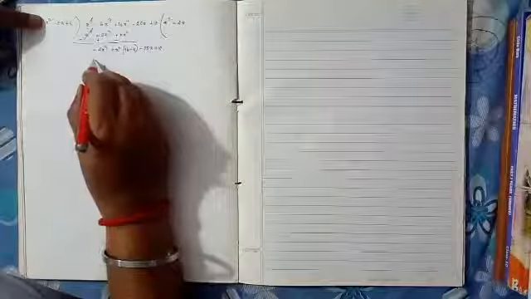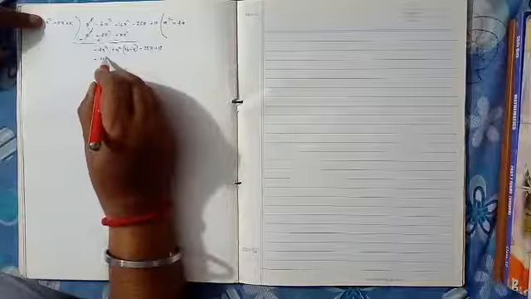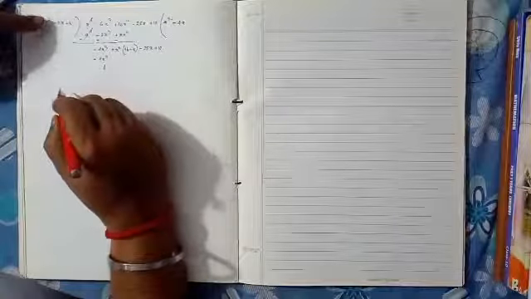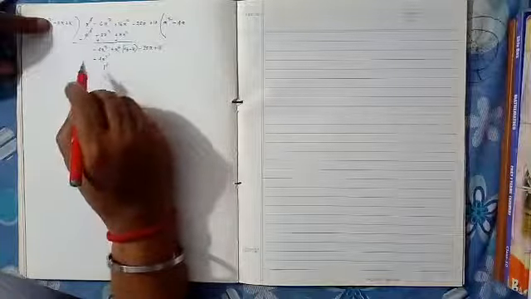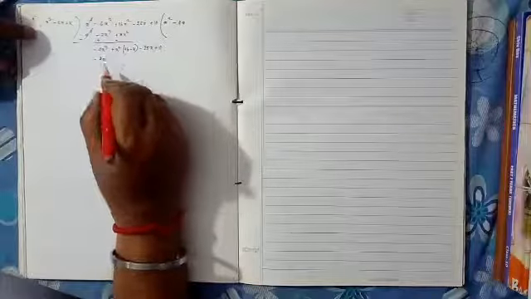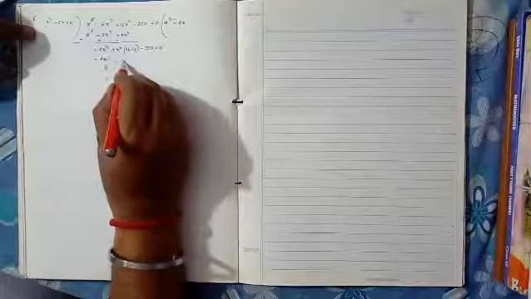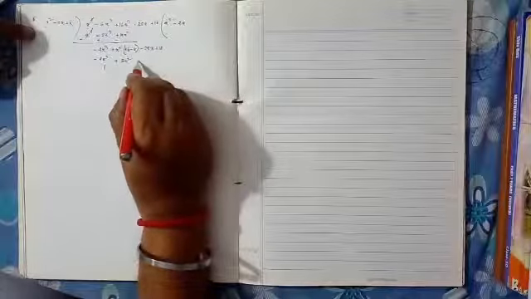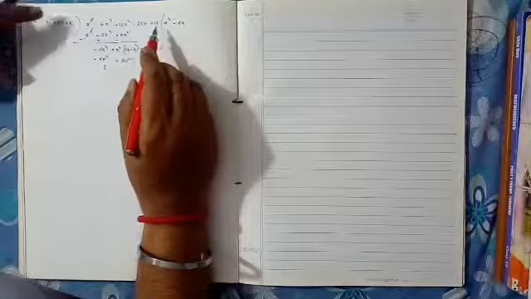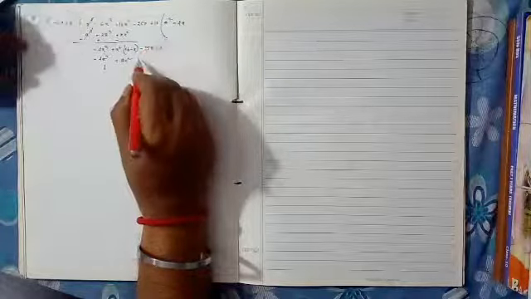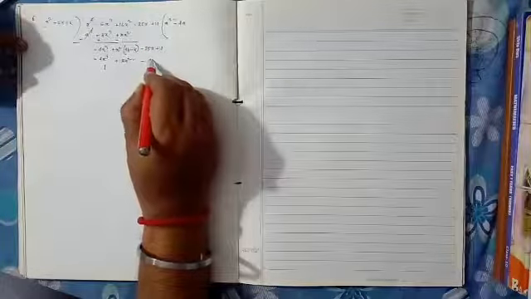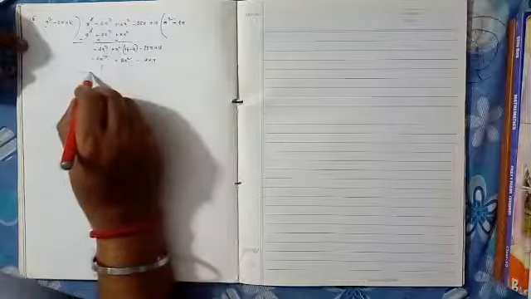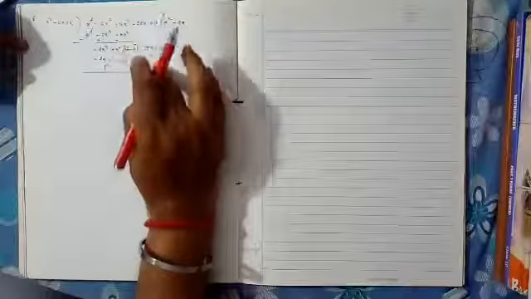Now this becomes minus 4x cube, then minus into minus plus 8x square, then plus minus minus 4kx, so minus 4kx, in the column of x cube, x square, and x.